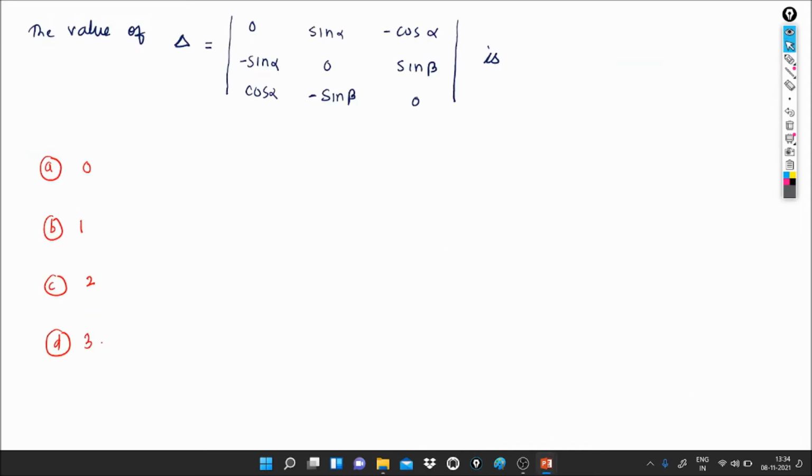So let us solve this important question. We have to find the value of this determinant. Let us expand this determinant along the first row.